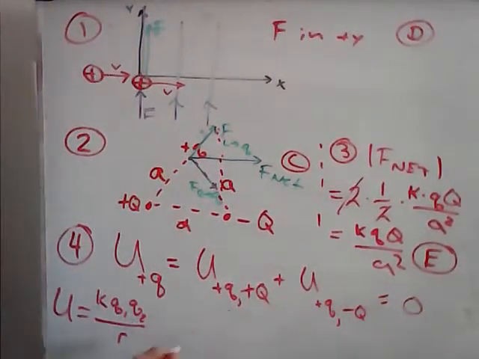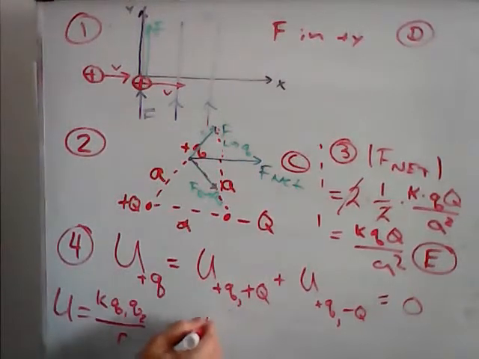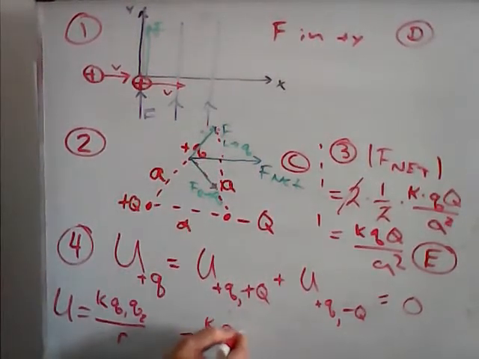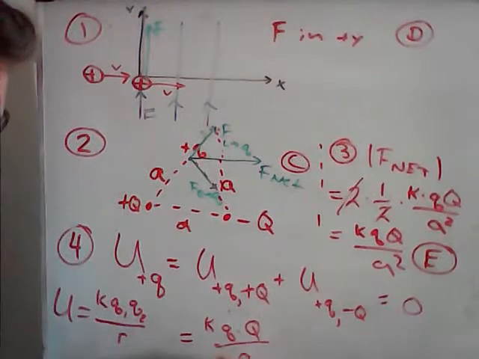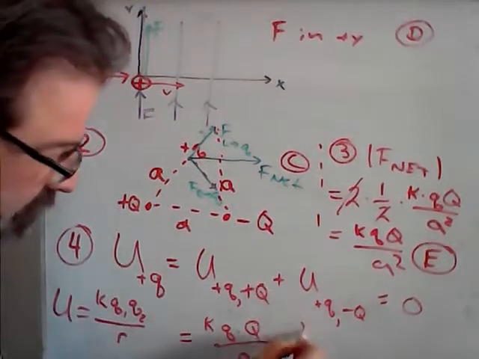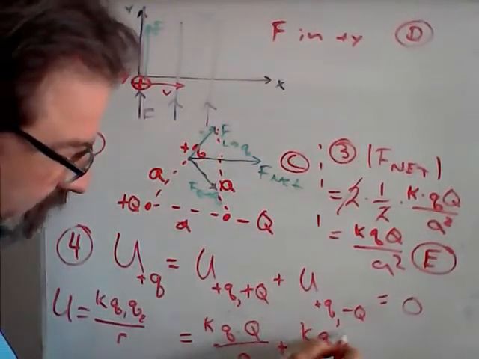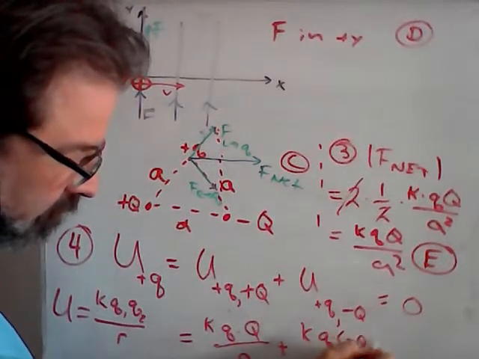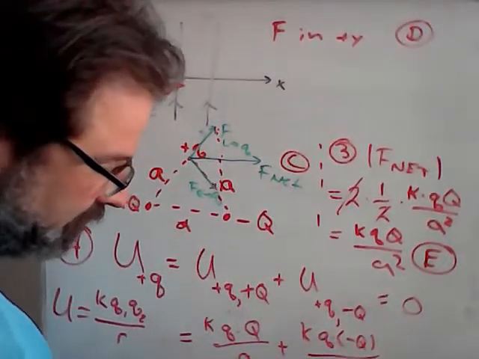Now, you might say, and we can write that out if you want to, K little q times big Q divided by A plus K little q times minus Q divided by A, and that's equal to 0.